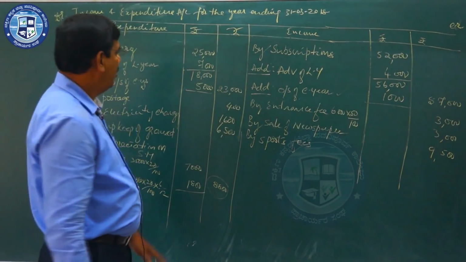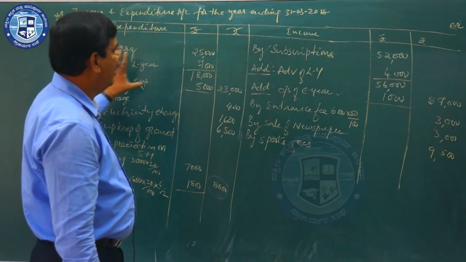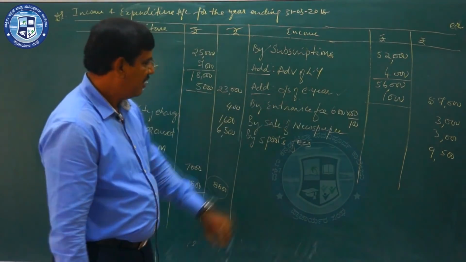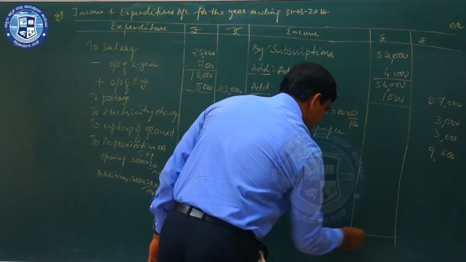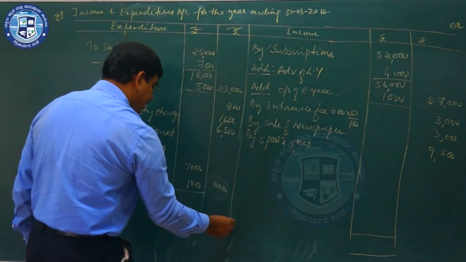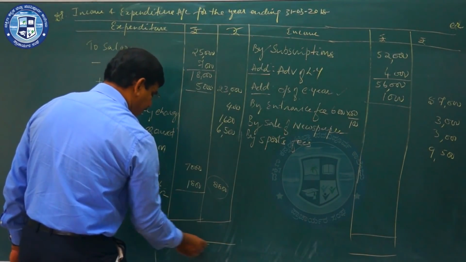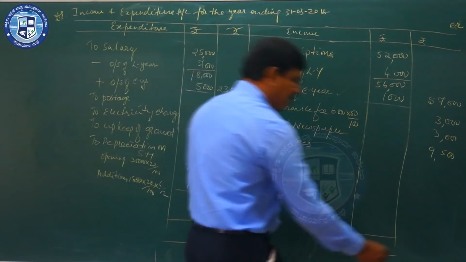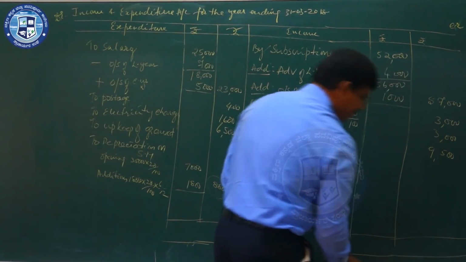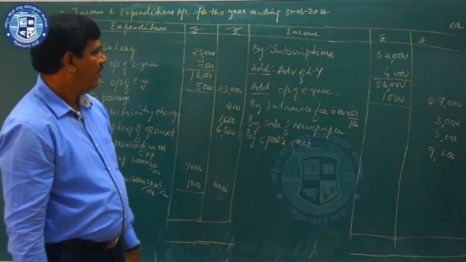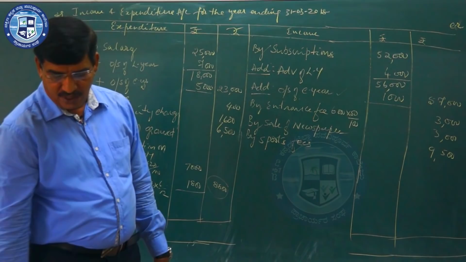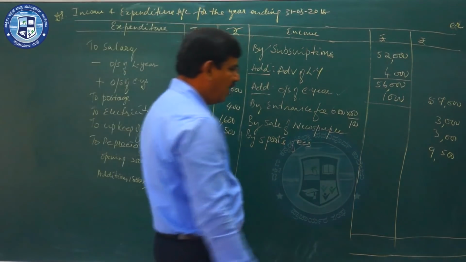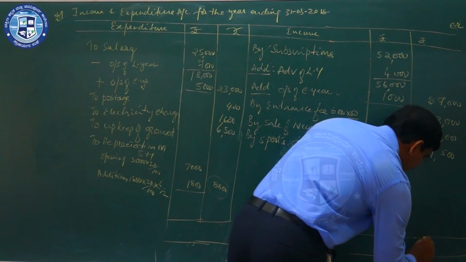So I have written both the expenditure and incomes of the current year. Then we have to balance both sides. Find the total. The bigger amount has to be entered. So on the credit side, the total will be 72,500.